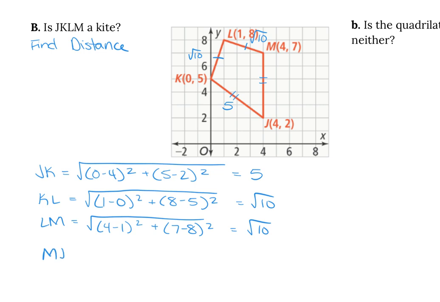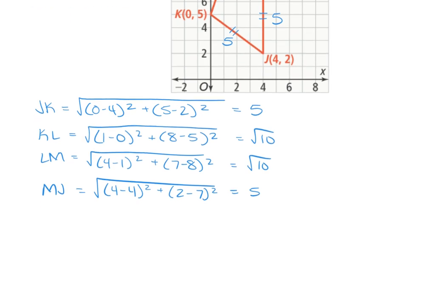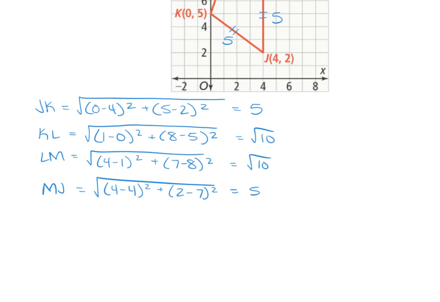This last side should end up equaling 5, but we want to check to make sure. Okay, and once we simplify, we will see that it gives us 5 for that side. So because these have two sets of congruent consecutive pairs, then it is a kite.